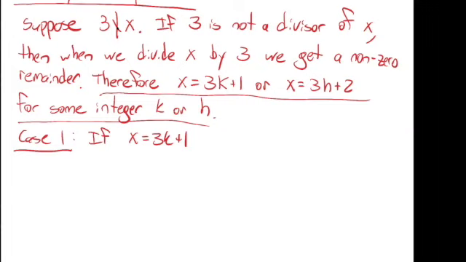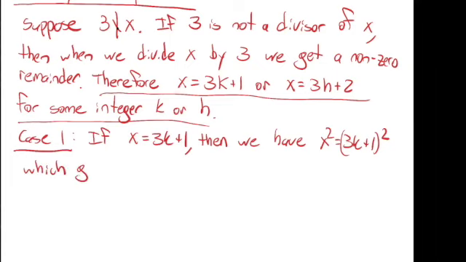Square x. Sure. x squared would be 3k plus 1 squared, and expanding that out gives us that x squared is 9k squared plus 6k plus 1.